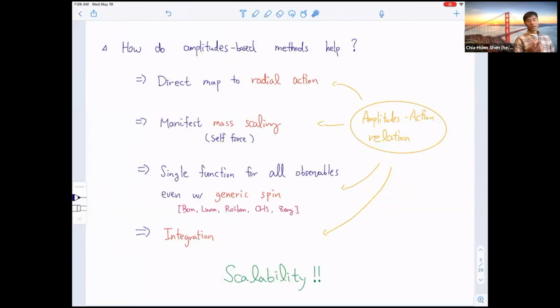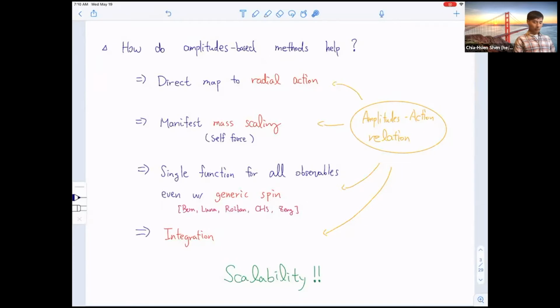And this single classical action, you can think of as the partition function in thermodynamics that encodes all the observables. You don't have to solve the classical equation of motion for each of them, but all of them are encoded in this single action. So this is of course known in the case without spin, that we can get the angle and time delay. But what's more surprising is that even for the case of generic spin, we can get all these observables from a single scalar function.